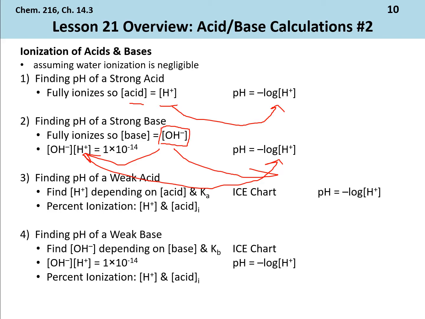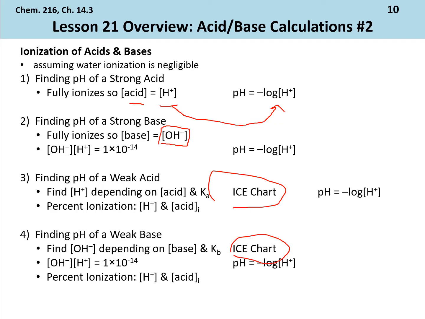If I have a weak acid, I'm going to have to use an ice chart. If I have a weak base, I'm going to have to use an ice chart. If I use a weak acid, I can calculate an H+ directly from it, and I can calculate pH. But if I have a weak base, I need to convert that OH- to H+, and then figure out pH.